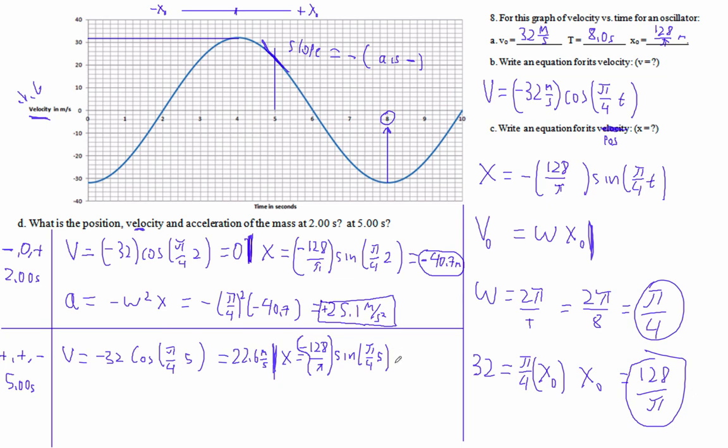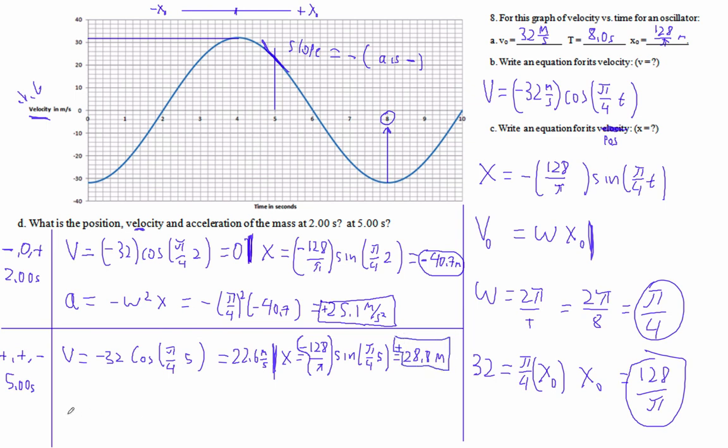Opposite of 128 divided by pi times sine of pi divided by 4 times 5. What did I predict? I predicted that this would be a positive x. I hope it is positive. Oh, it is. Positive 28.8 meters.